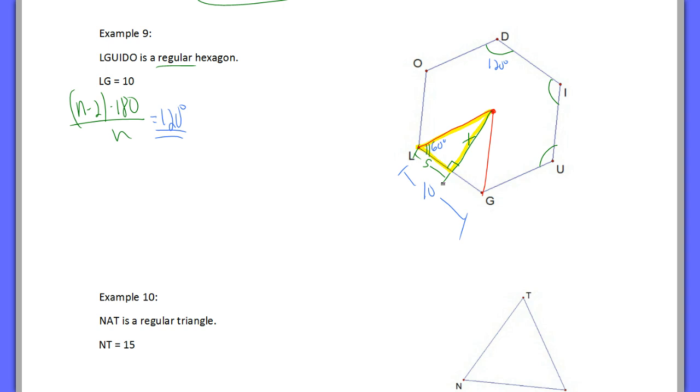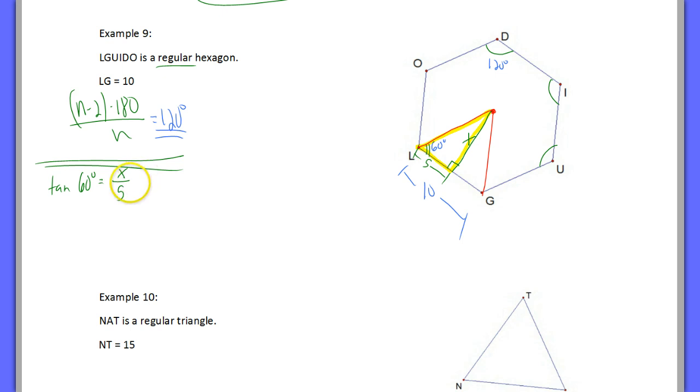We've already studied right triangle trig, so if I look at this yellow triangle and relate the important pieces together, from the 60 degree angle, x is the opposite, 5 is the adjacent, which means if I want to find the value of x, the trig function that brings that all together is tangent. So I could say that the tangent of 60 is equal to opposite over adjacent.